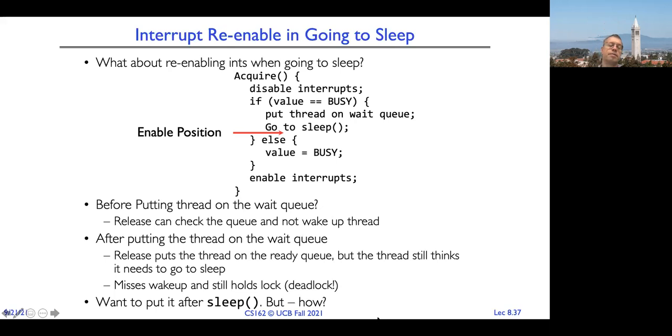Any suggestions? So the problem is very simple, okay? Logically I want to enable the interrupts after I go to sleep. But how can I do that? Because I'm sleeping.